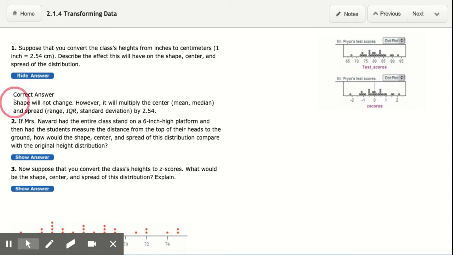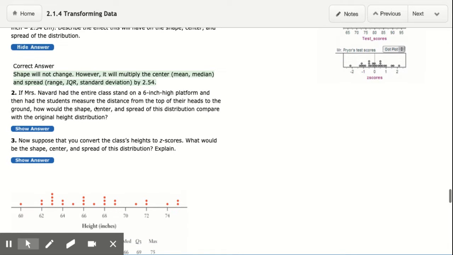So big thing here, multiplying. When you multiply, it affects everything except for the shape. So shape is never changed. Doesn't matter what you do, it's still going to look the same. So this dot plot that you see down here is still going to have the same peaks and the same look to it.